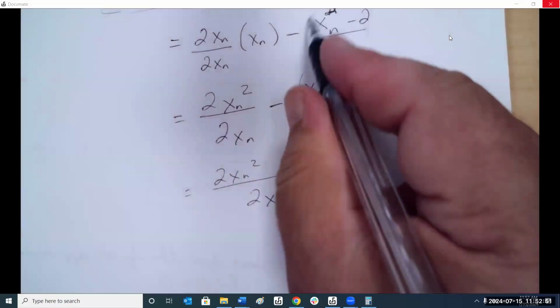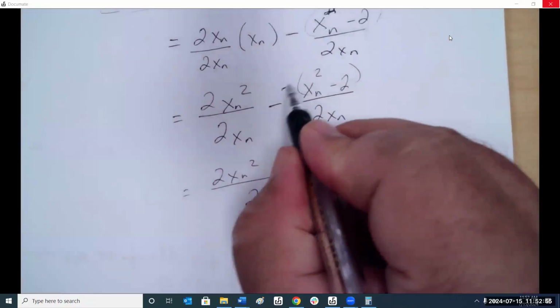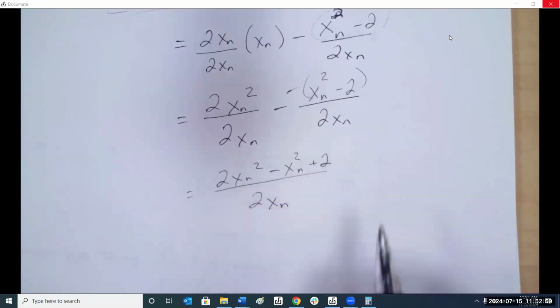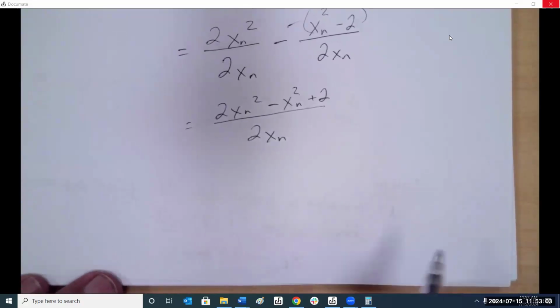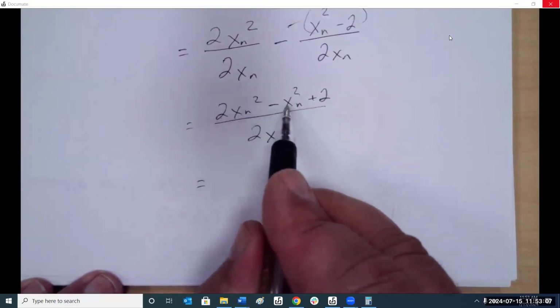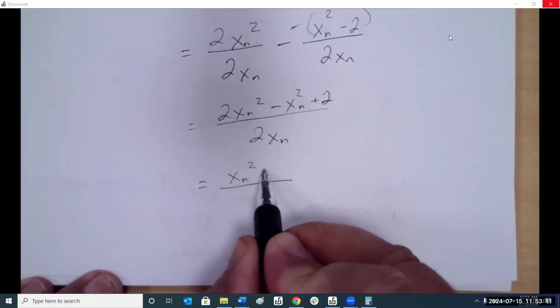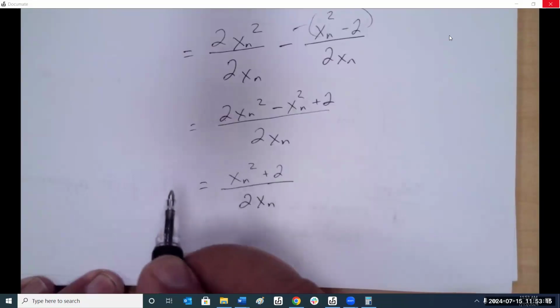This is a parenthesis up here, so it distributes, so it's minus x squared n plus 2. Two xn squared minus 1x squared is xn squared plus 2 over 2xn.